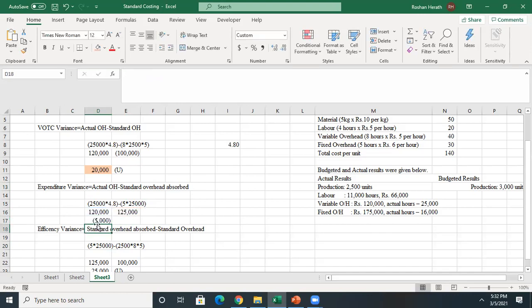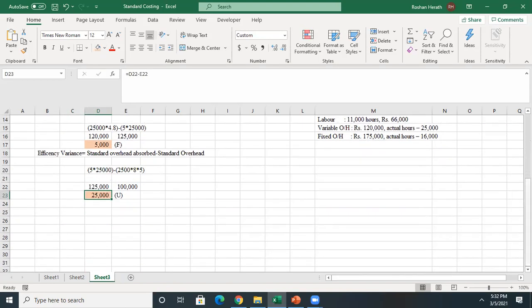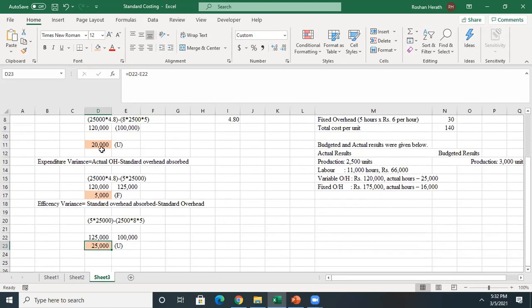You have paid 4.8, but you expected to pay 5. So therefore it's a favorable one. So hence the expenditure variance is there. It's 5,000. And 25,000, yes, what we have done is correct.